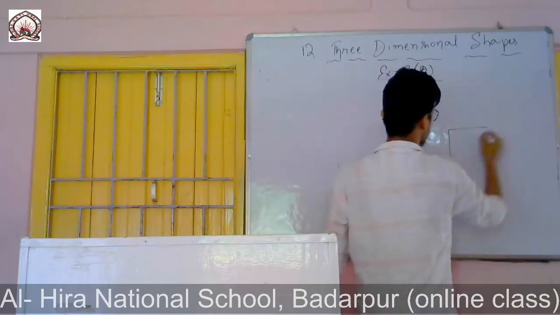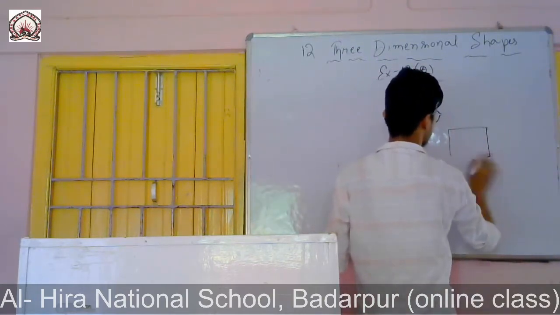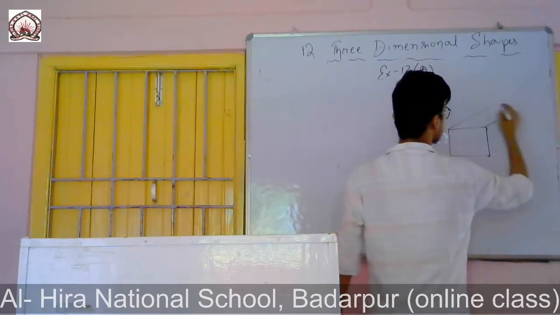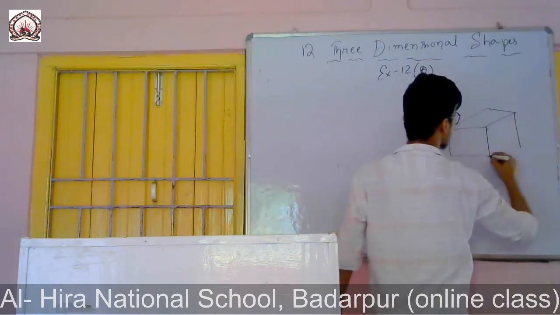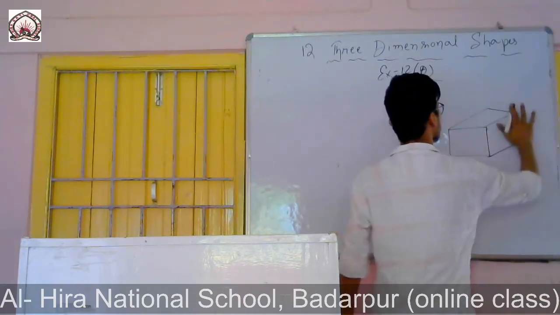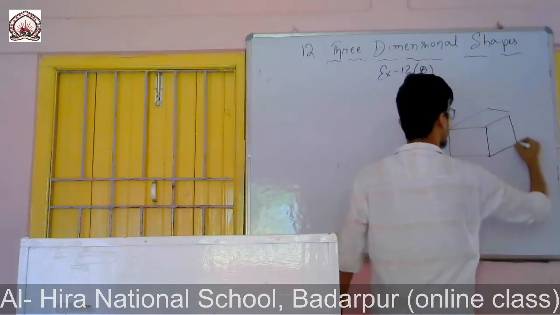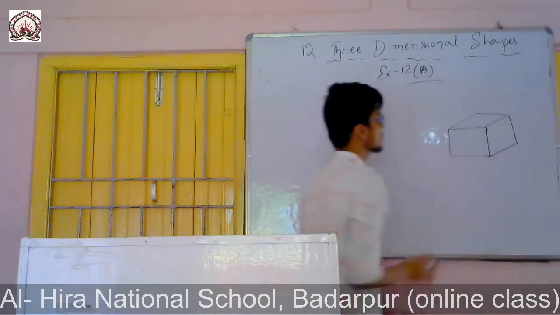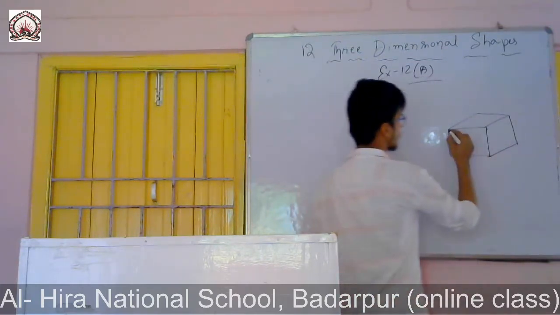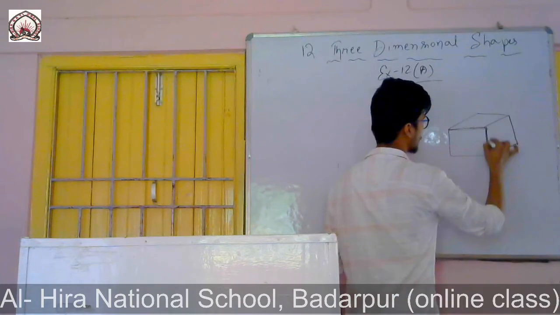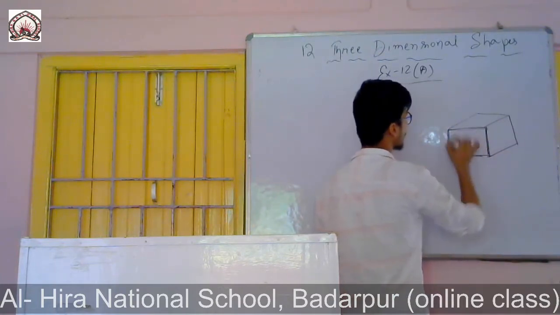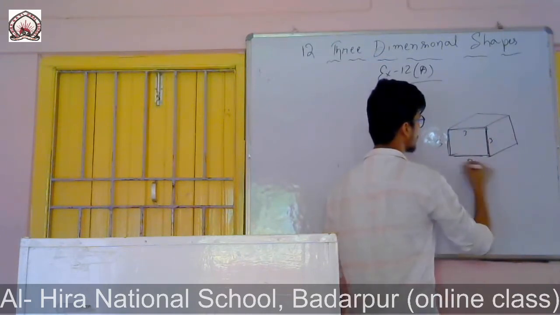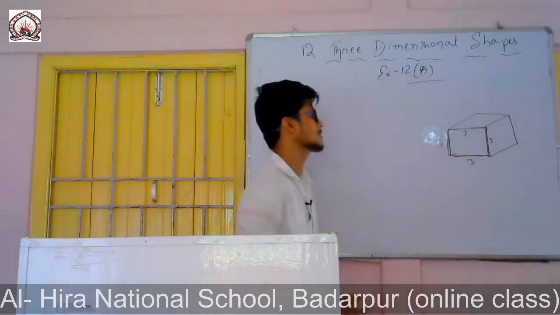So this is a cube. So the length, height and breadth all are same. If this side is 3 centimeter, then this side will also be 3 centimeter. This side will also be 3 centimeter. All these sides are 3 centimeter.